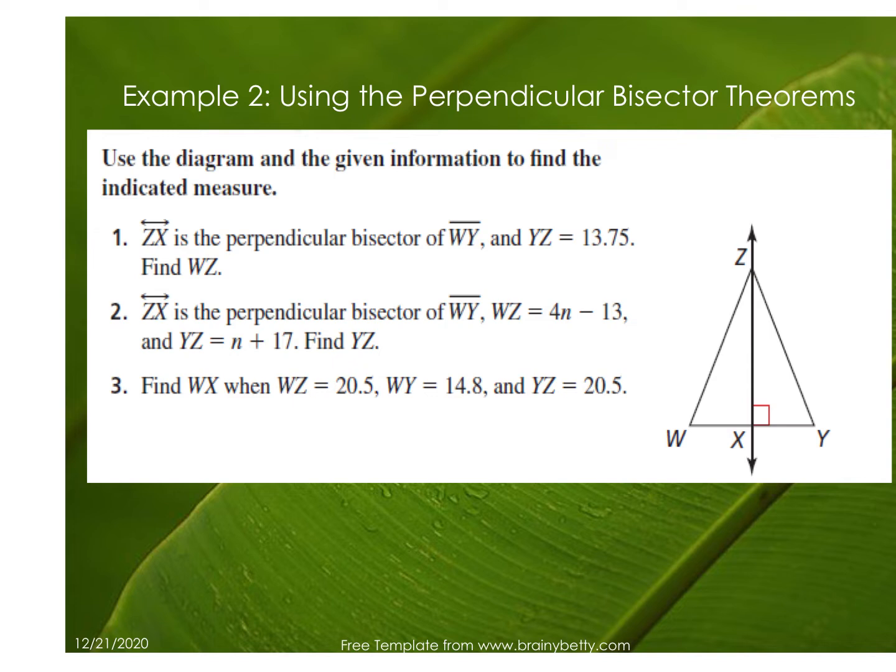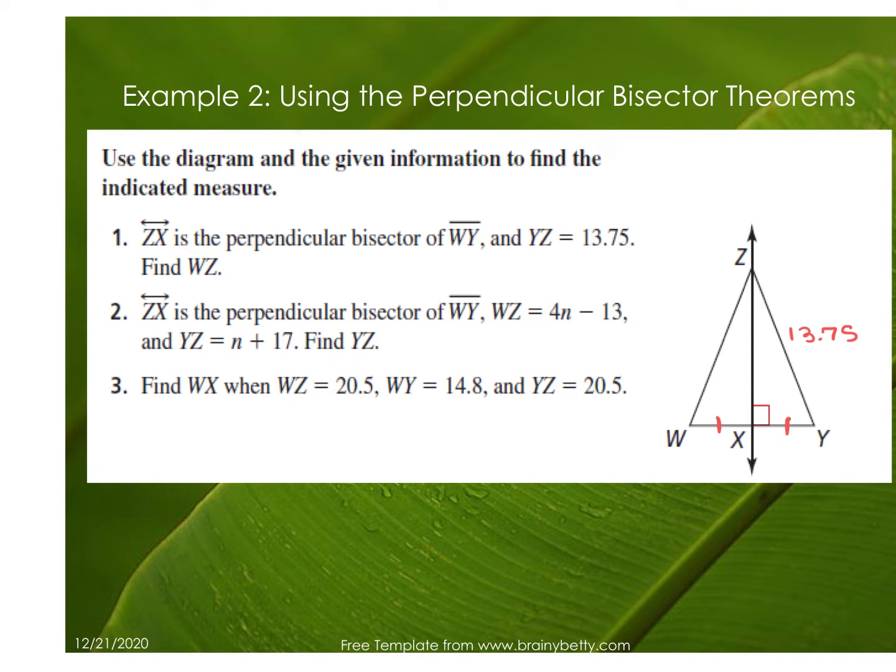Remember, when something has been bisected, it's split into two congruent pieces. So that tells me that WX is going to be congruent to XY. And they're also giving me the length of YZ, and YZ is 13.75. And they want me to find the length of WZ.